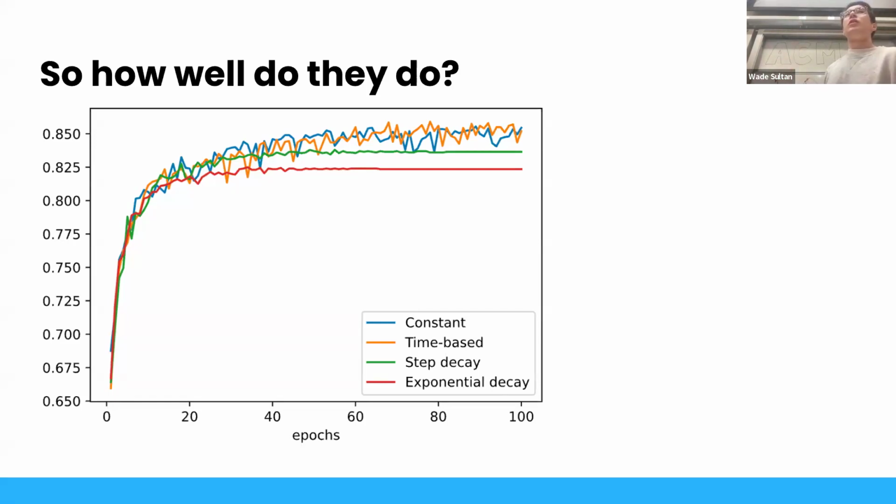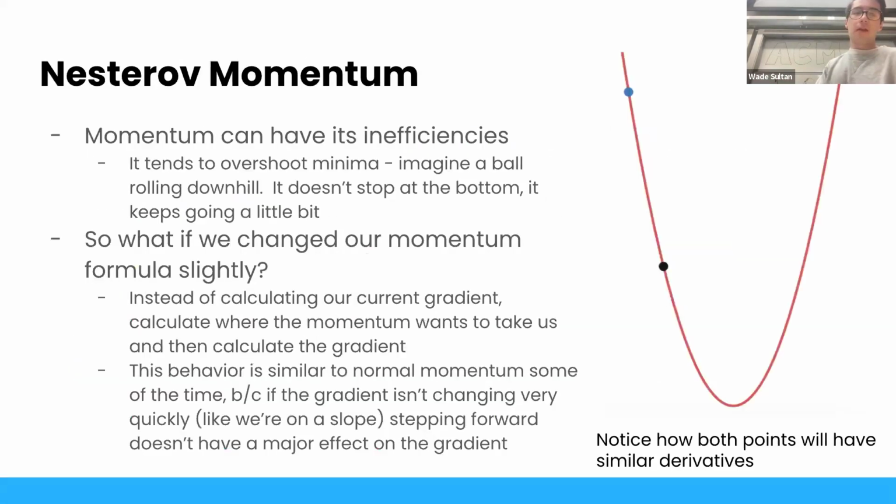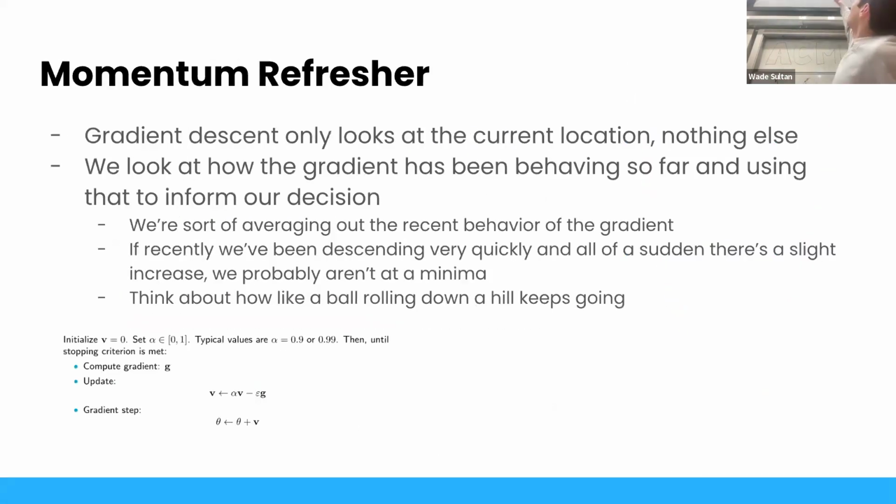So this isn't a learning rate. Learning rate refers to the epsilon right there, the E in front of the G. That's just some number that we multiply our gradient by, because a gradient is relatively large numbers, and we don't want to be updating by the entire gradient, so we scale it down.